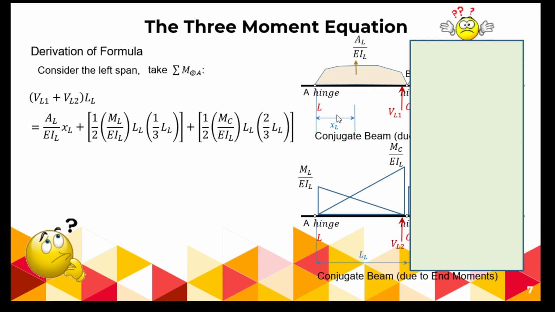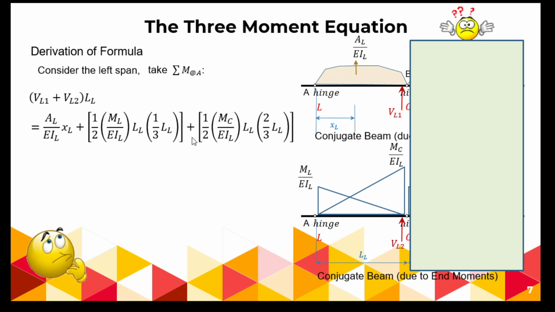So, ang centroid, that is X over L. Plus, 1/2 area sang triangle, ML over EI times ang iya nga length, smaller triangle. This one. So, ang area sini is given by 1/2 sang ML over EIL over the span sang left. So, area sining triangle. Amo ni nga aton nga area.